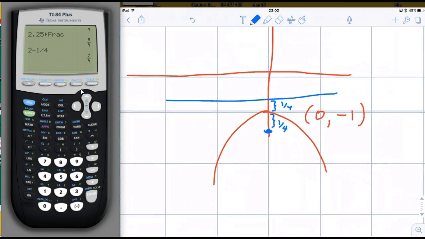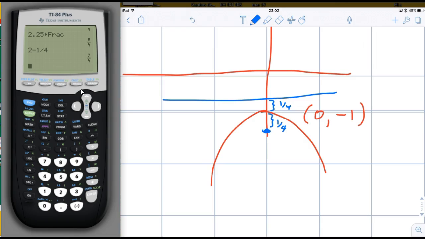So since the vertex is 0, negative 1, this focus would be 0, negative 1 minus 1/4, which would be 0, negative 5/4. You can check that on your calculator. And the directrix, instead of being y equals negative 1/4, would be y equals negative 1/4 minus 1, or actually y equals plus 1/4 minus 1, which would be negative 3/4.